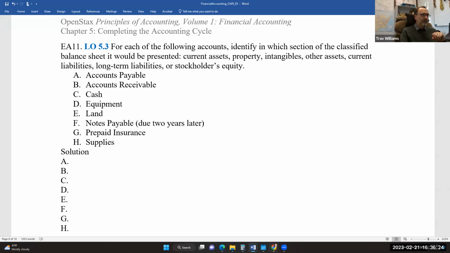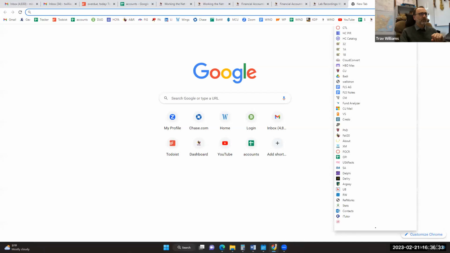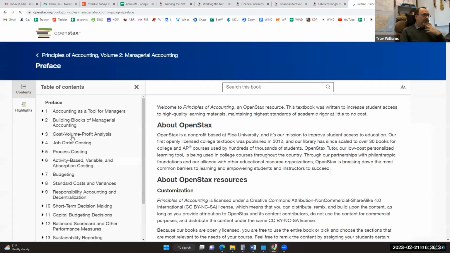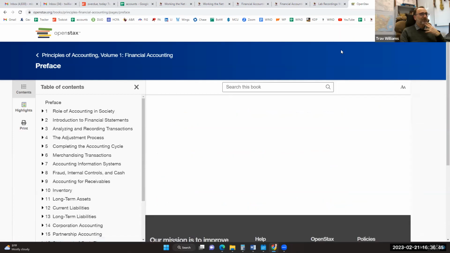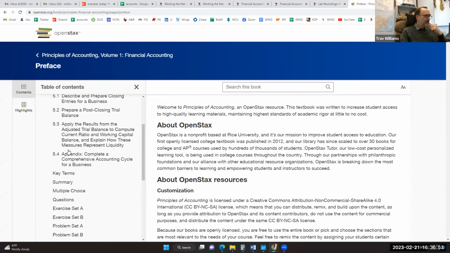In the textbook and in the PowerPoint, there is a very useful graphic. I'll go ahead and show it to you. Wrong textbook, sorry. That is part 2 of our textbook, or volume 2. We are in volume 1. Okay, chapter 5.